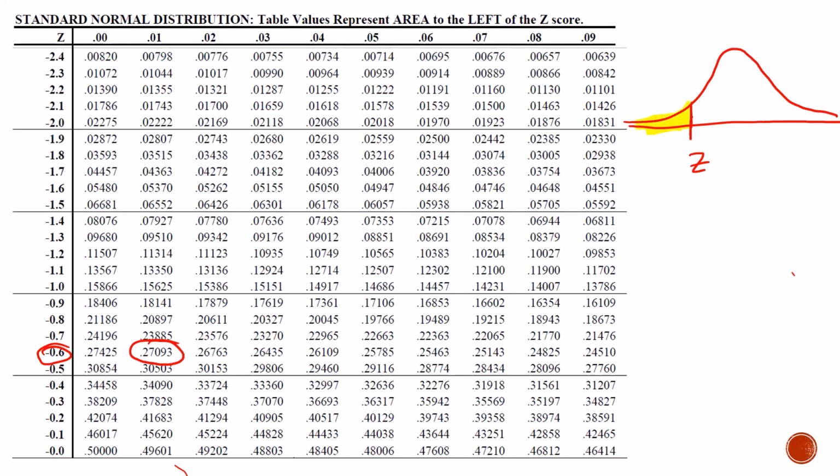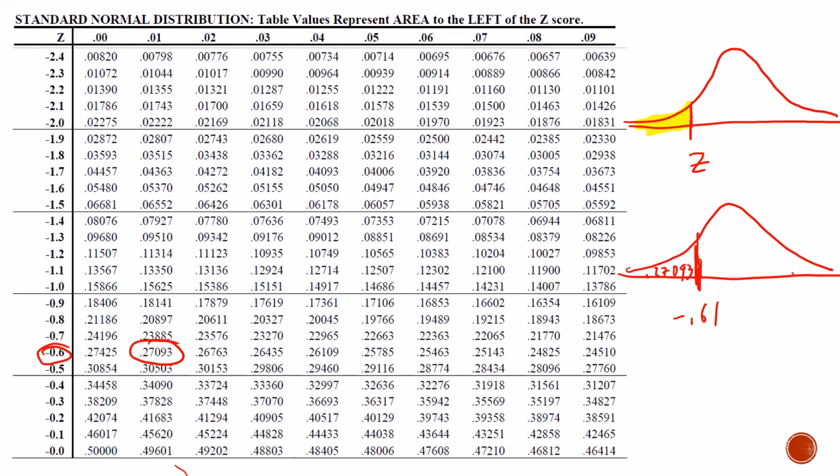So if this number right here were 2 point something, this is what I want you to draw on your table. This is just a random example I'm drawing right now. This is how you read it. To the left of negative 6.01, this area right here is roughly 27%.